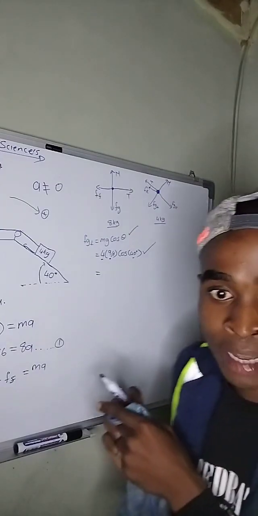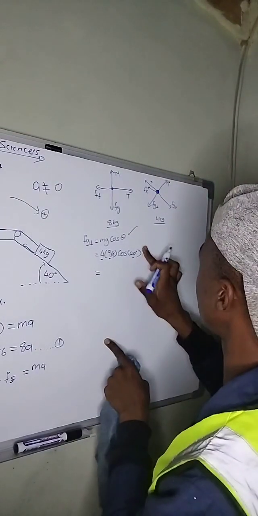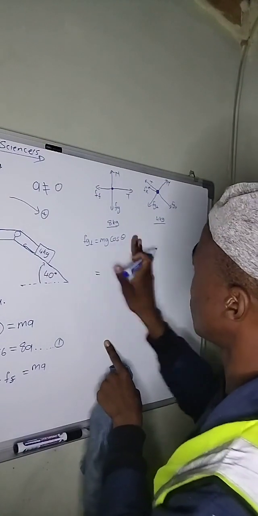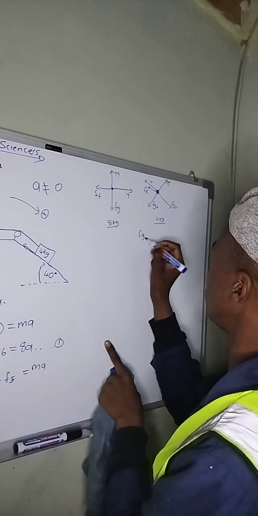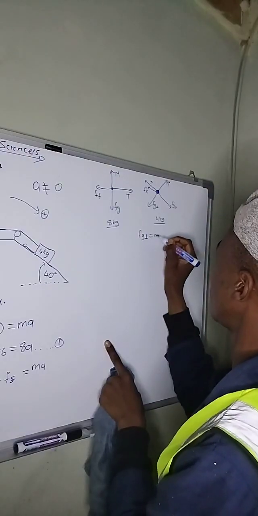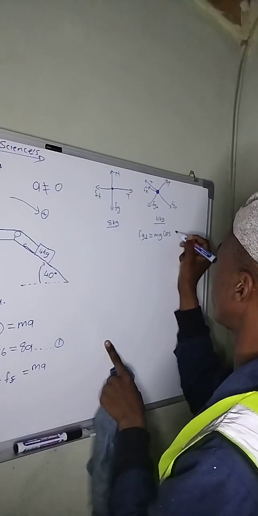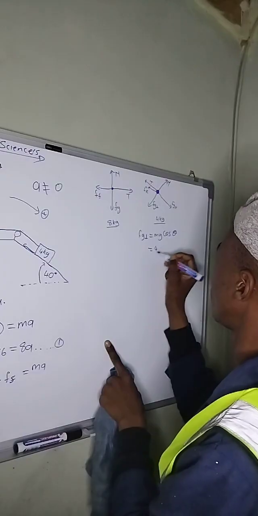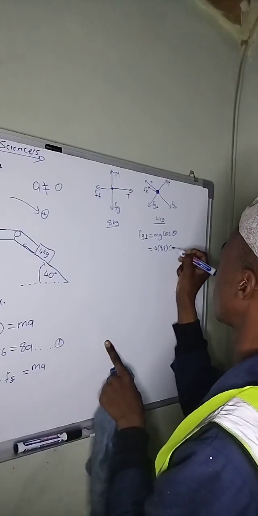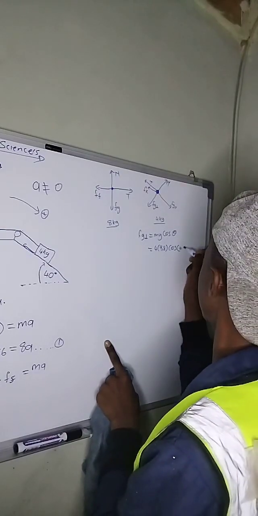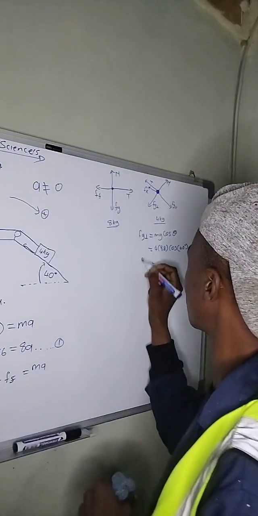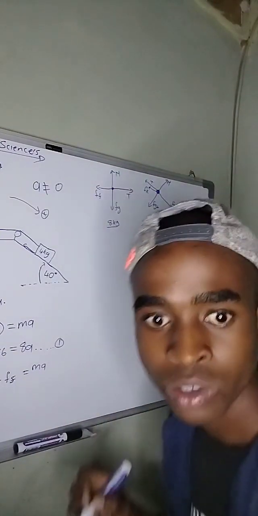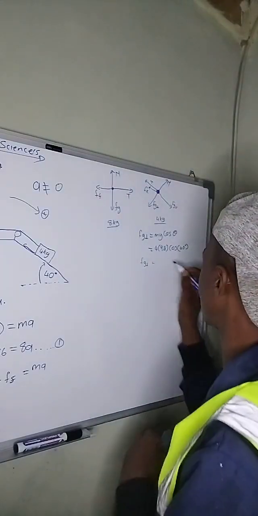Let me represent this information under 4 kg. Then FG perpendicular is going to be mg cos theta. This is going to be 4 times 9,8 times cos 40. What is the answer? It's going to be 30,03.